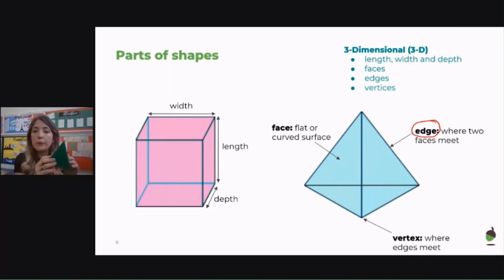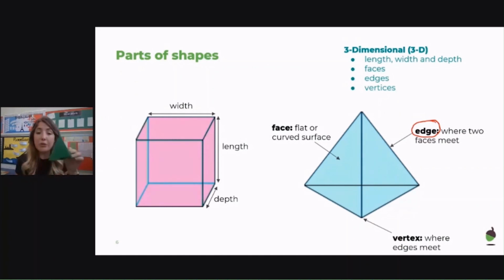So I'll show you on my triangular base pyramid or tetrahedron. We have the faces, which are the flat parts. We have the edges, which is where 2 faces meet. So I can see that the 2 faces join here on the edge. And then we have the vertex, one vertex, that's the singular, and multiple vertices, that is the plural.